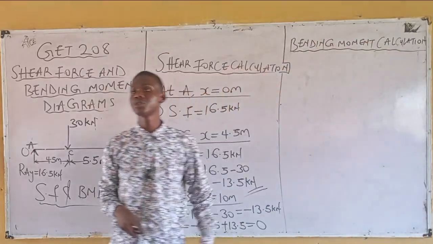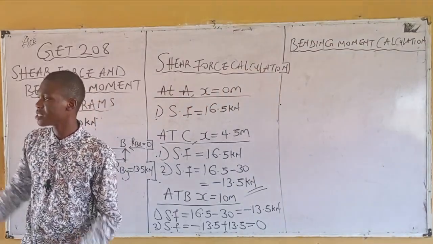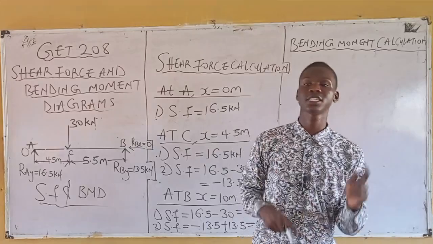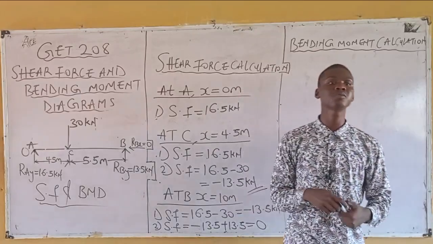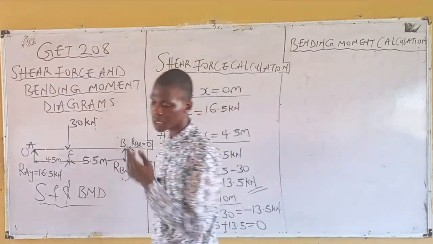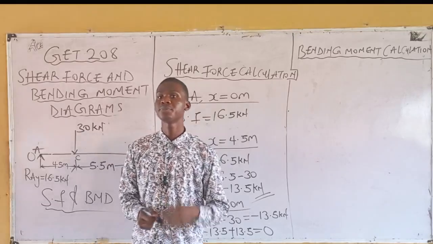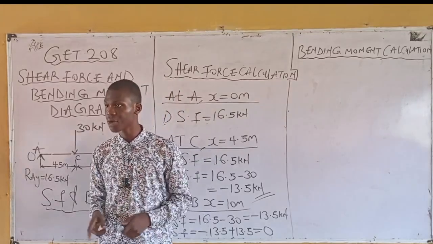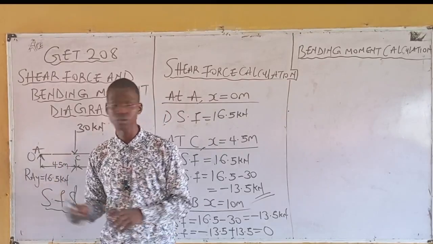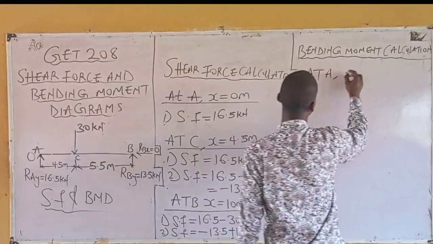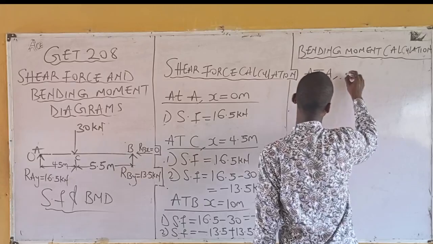You calculate bending moment at each point. Now go back to bending moment calculation. What do you say about bending moment? I said bending moment must start with 0 and must end with 0. So meaning that at A, let's write at A, meaning x is equal to what?